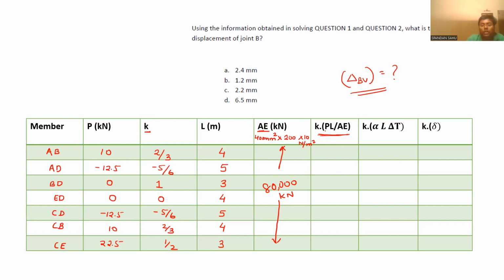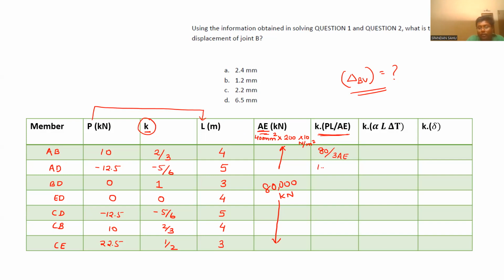So now just multiply K and PL by AE. KPL for this is coming as 80 by 3 AE. I am not substituting the AE value because after substitution it will be very small.